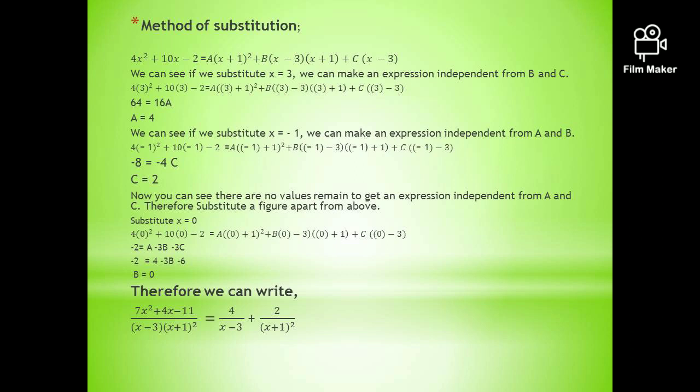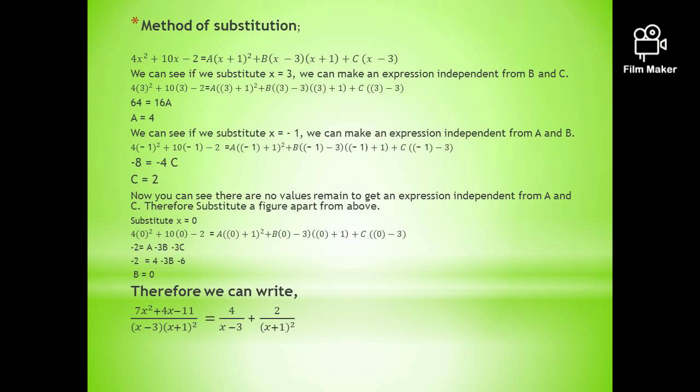Right. Now the third case is we cannot do a substitution to cancel out the entire A and C terms at once. Therefore I will substitute any figure other than what I have substituted in the previous steps. So I prefer to substitute x equals 0. If you substitute 0, you will obtain minus 2 equals A minus 3B minus 3C.